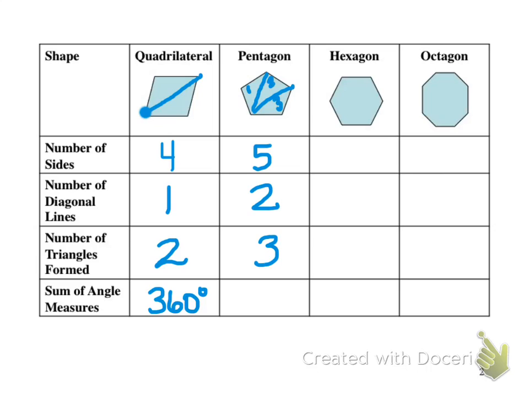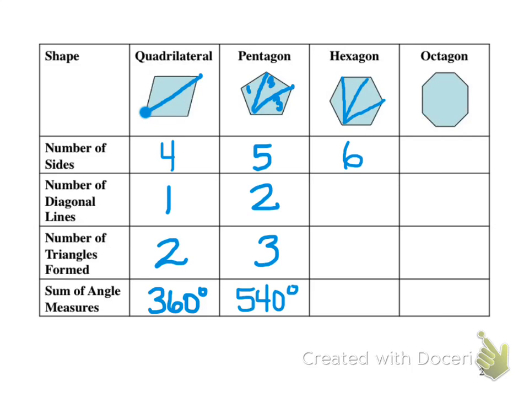So when I find the number of degrees inside the pentagon, I would take 3 times 180 and I come up with 540 degrees. For the hexagon, there are 6 sides connecting one vertex to all others.